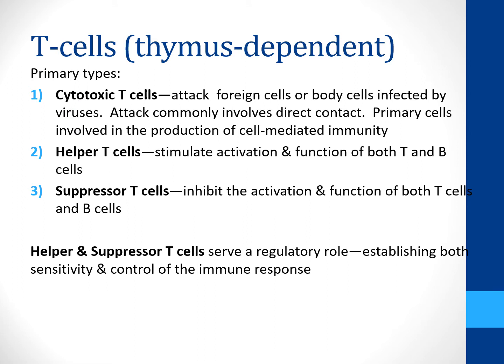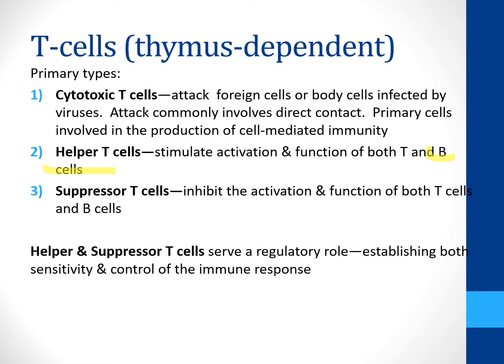T helper cells are used to stimulate both T cells and B cells. So T helper cells are very important in stimulating B cells. Without the stimulation of a B cell by a T helper cell, you cannot make antibodies. So that's very, very important. And then our suppressor T cells inhibit the activation of T and B cells, and so they're helping to keep your immune system in check so it doesn't kind of run away with itself.